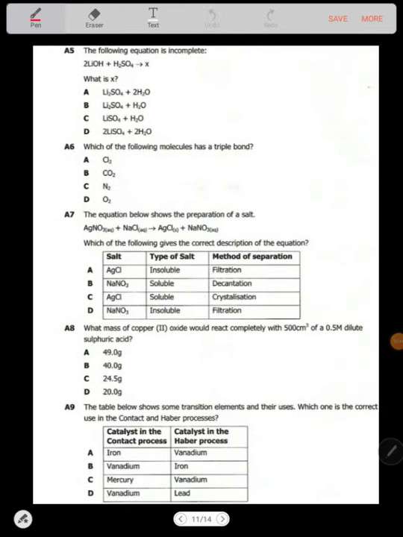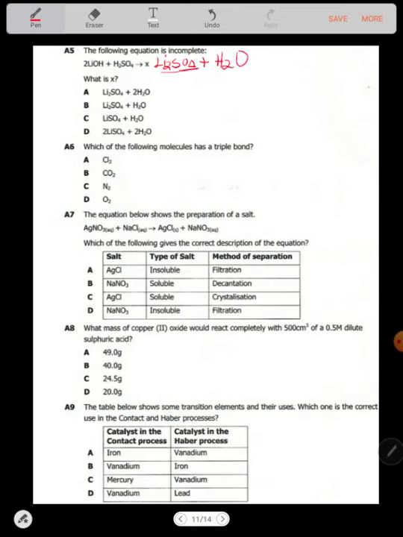The following equation is incomplete. What is X? Now this is lithium hydroxide reacting with sulfuric acid. This is a hydroxide, so what we are going to have here is a salt and water. So we are going to have lithium sulfate plus water.